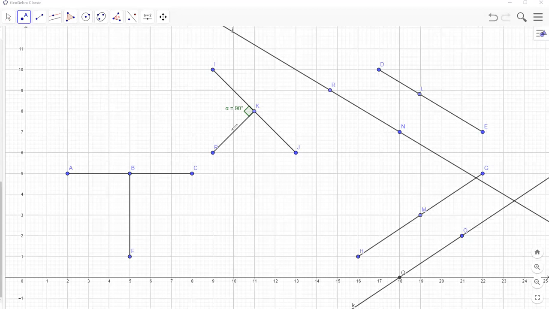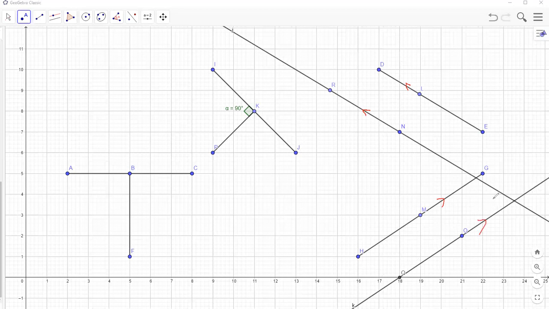I'm going to start with parallel lines here. Line RN is parallel to the line segment DE, whichever way you want to call it. And I also have line segment GH, or GMH, or HMG, it's really up to you, parallel to a line.